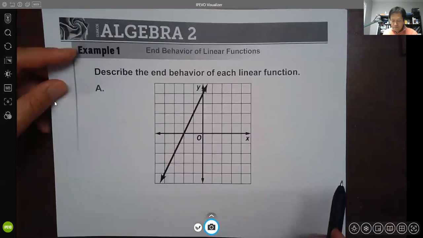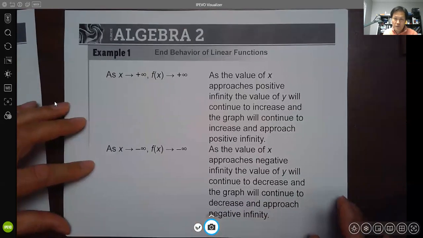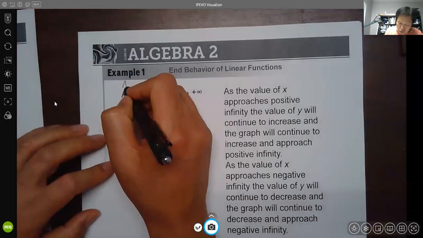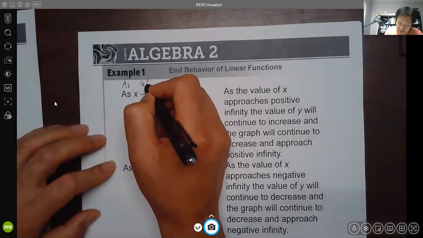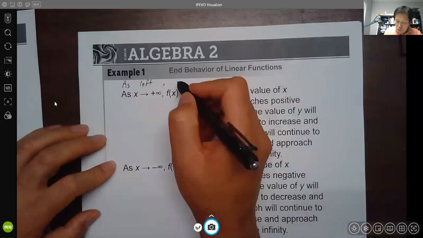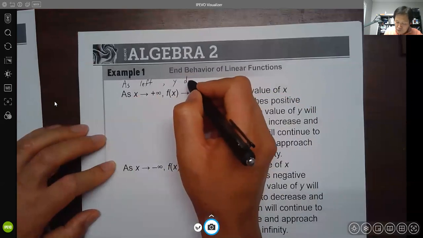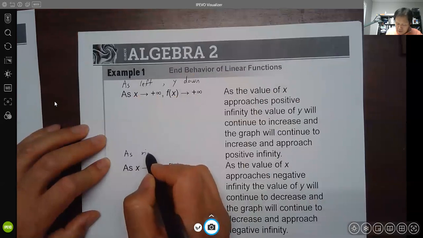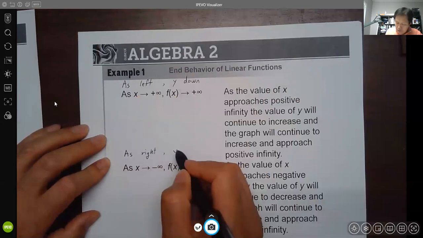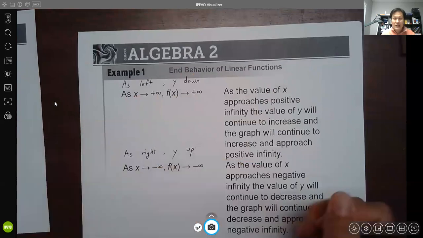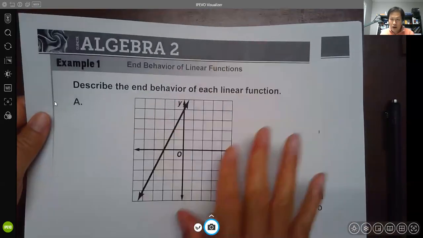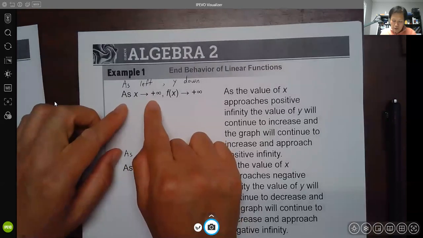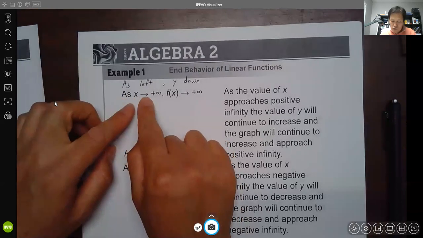So, you have to be familiar with this notation. As you go to the left, we said y goes down. As we go to the right, the y value goes up. That's what we said on this graph, right?